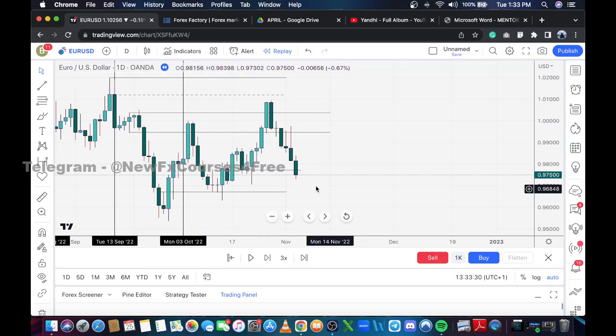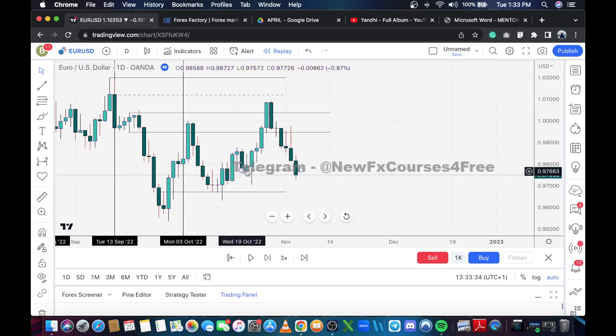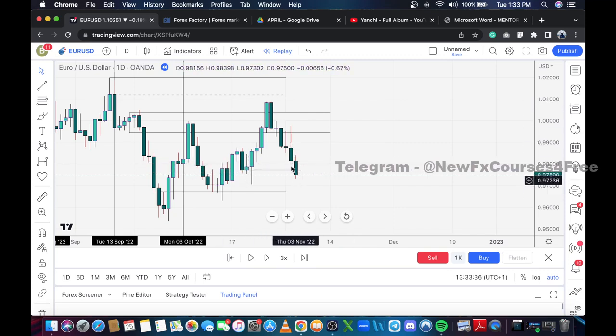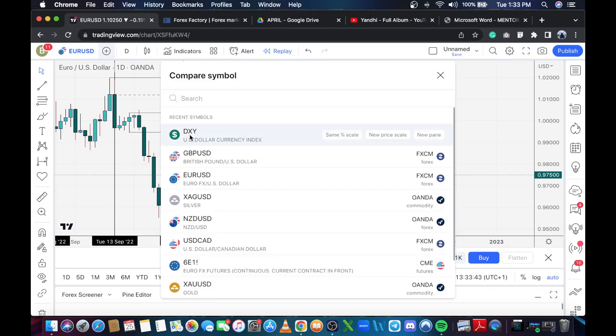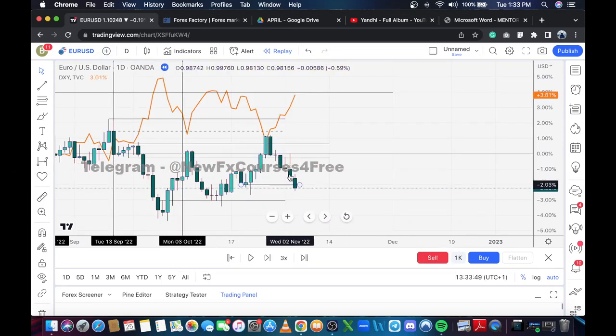Well, let's compare. Dollar is running lower. If dollar is running lower, we want to see if euro dollar is running lower. If euro dollar is running lower, we want to see dollar run higher. So, comparing, euro dollar is running lower, and we want to see dollar run higher.